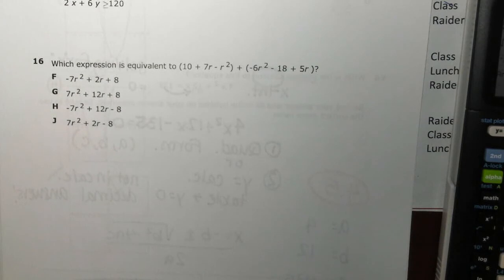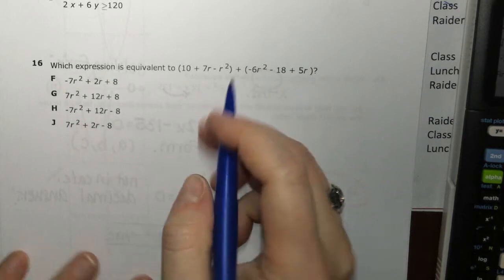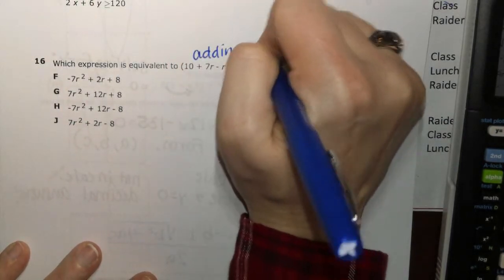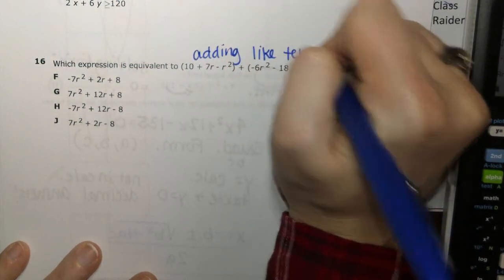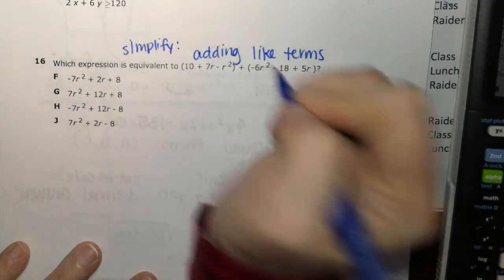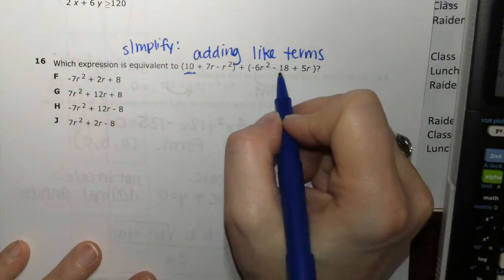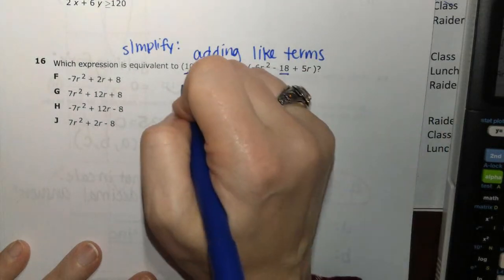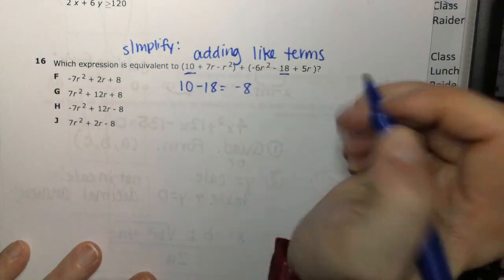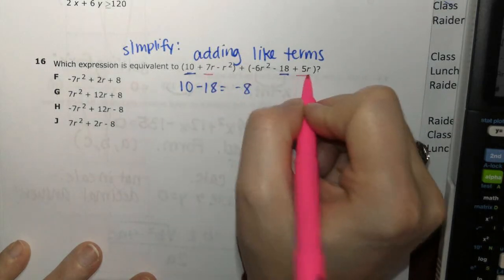Number 16, which expression is equivalent to this plus this? So really what you're doing here is adding like terms. You're simplifying. Alright, so let's add up our regular numbers. We have a 10 and a negative 18, and that's going to give you a negative 8. We have r's. We have a 7 and a 5.